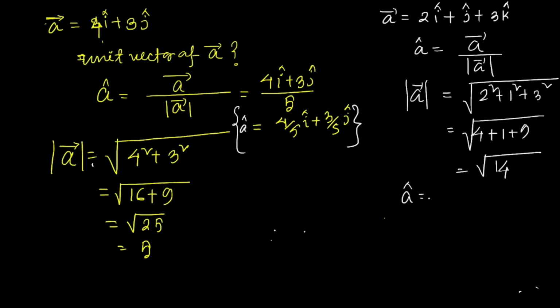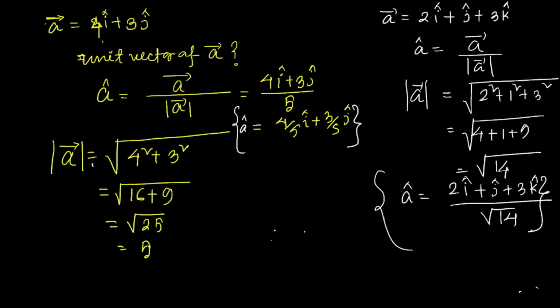So the unit vector is nothing but you write the whole vector 2 i cap plus j cap plus 3 k cap above, then divide it by root 14. So this will be your unit vector along this. I hope you have understood this, and before watching this, go to my lecture number 6, where I have explained these in detail.